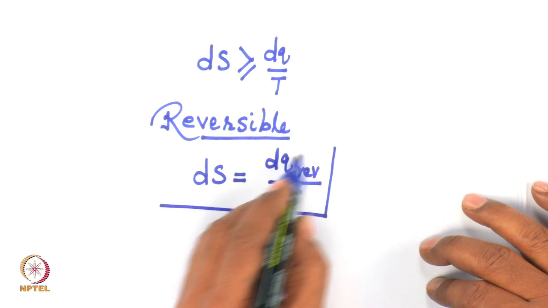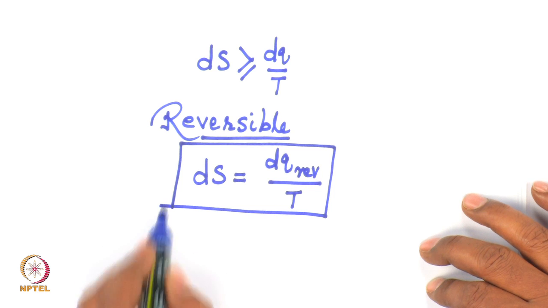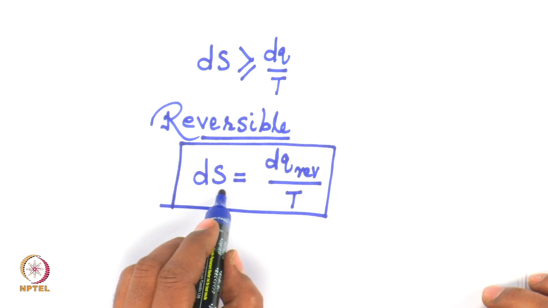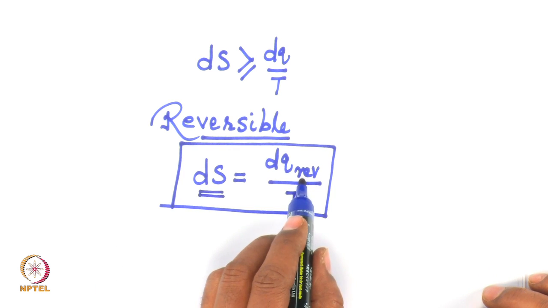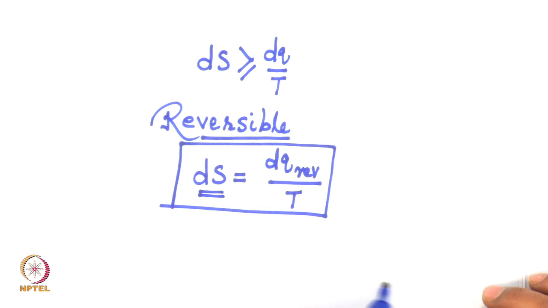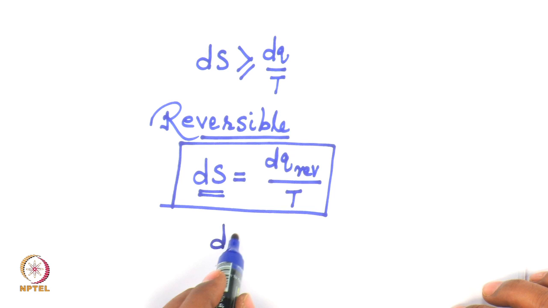This is the same equation that we derived last time, that in order to calculate the change in entropy, we must connect the path by a reversible manner. And since the process is adiabatic, there is no heat exchange between system and surrounding. So, I have to substitute dq equal to 0. That means, if the process is reversible, there will be no change in the entropy.